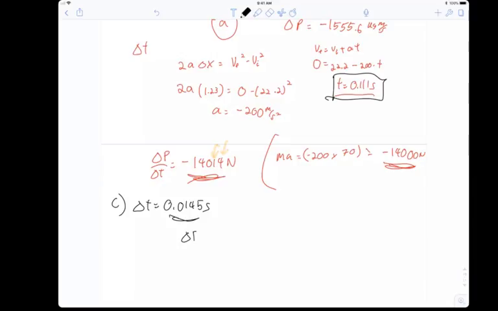Delta P over delta T gives you 1555.6 divided by 0.0145. This is 1.07 E6 newtons. This is 10 to the 4. This is 10 to the 6. It's 100 times more force.